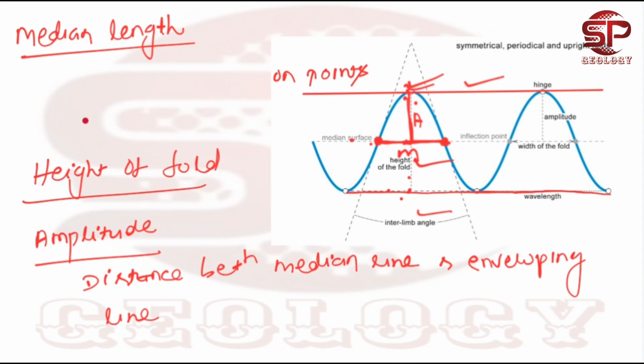So median length is the distance between two consecutive inflection points.